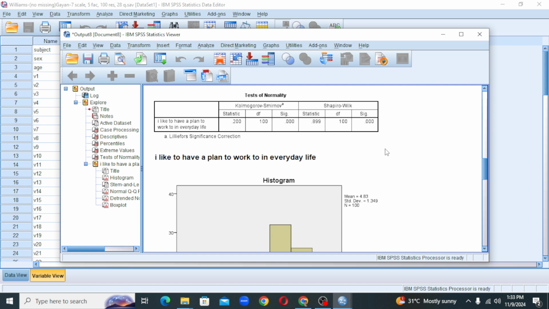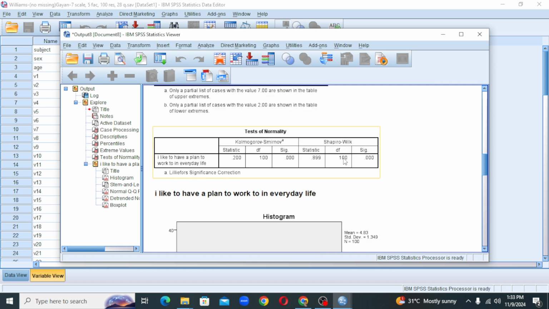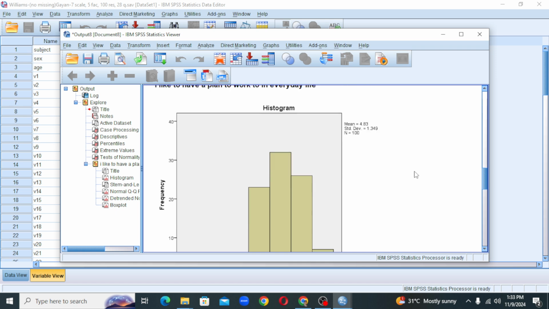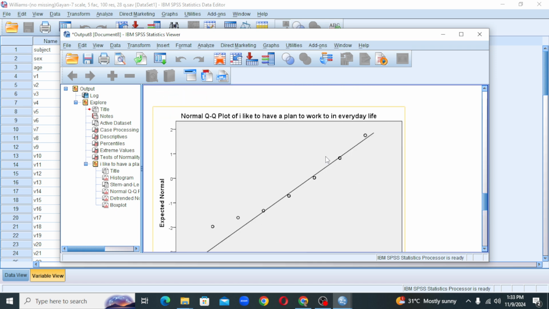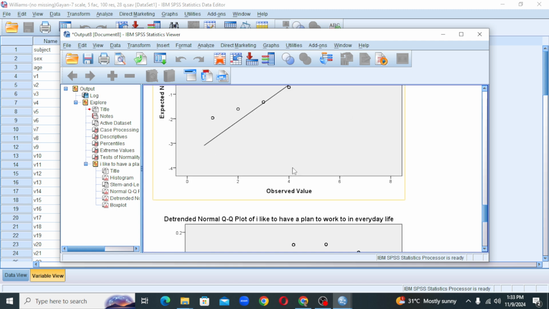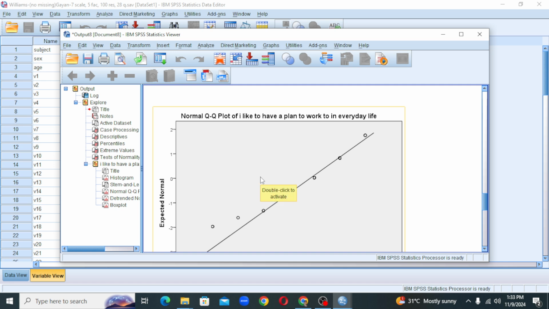And in the normality tests, as we said earlier, both the Kolmogorov-Smirnov and Shapiro-Wilk tests are significant. That means the distribution is not normal. It is evident in the histograms, the output, and also in this QQ plot.